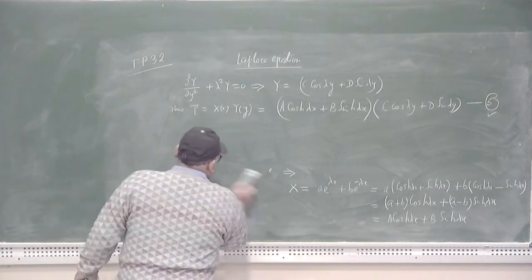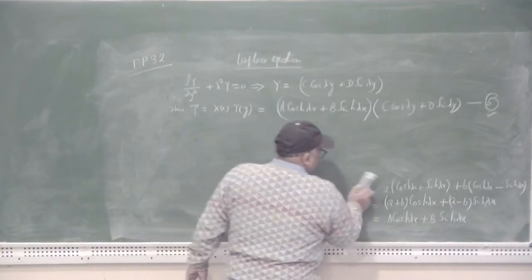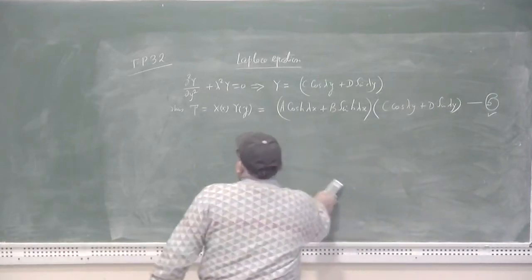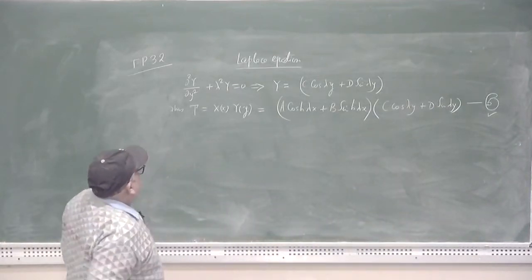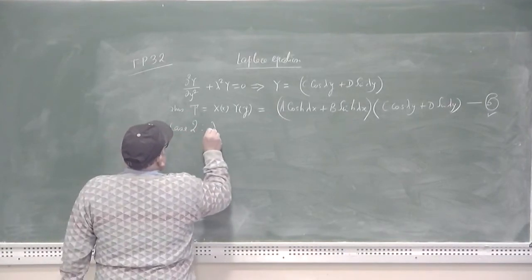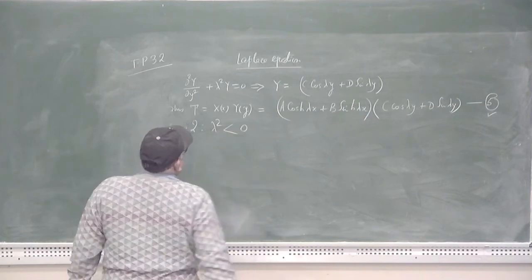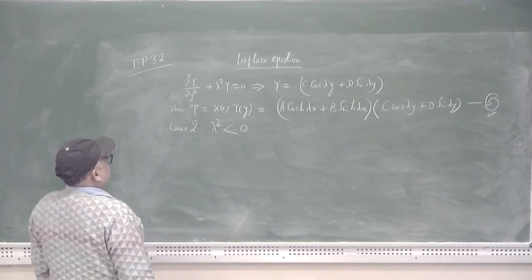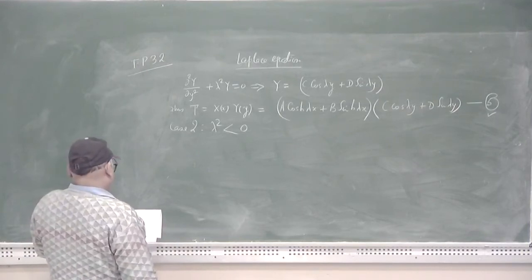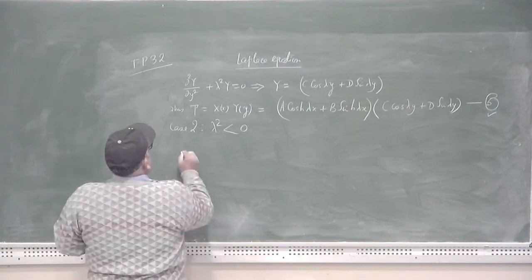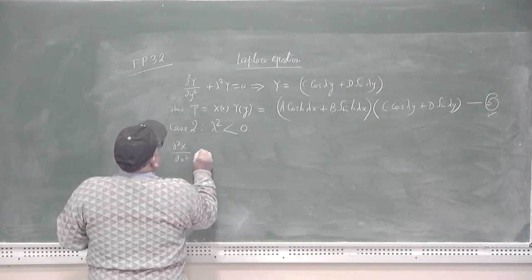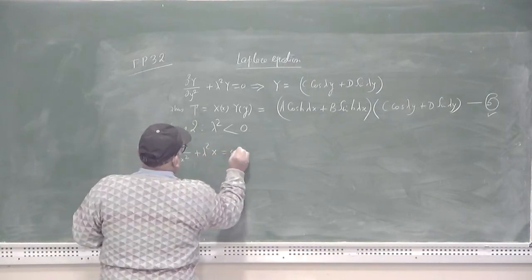Now take case number 2, that is lambda square is less than 0. The first equation will be d2X by dx2 plus lambda square X equal to 0.